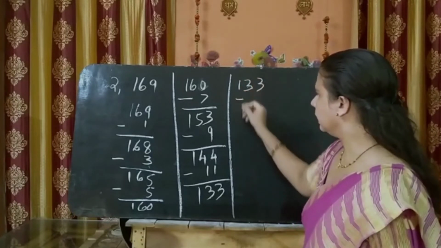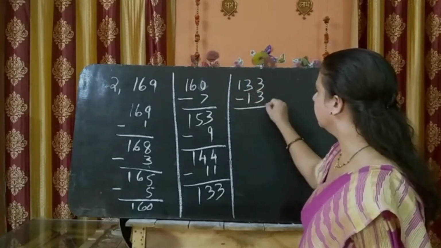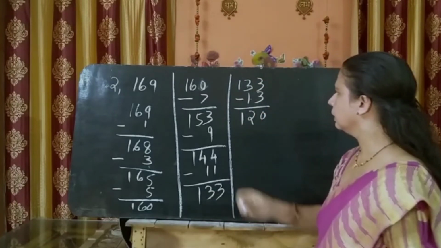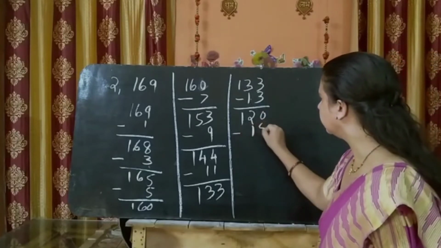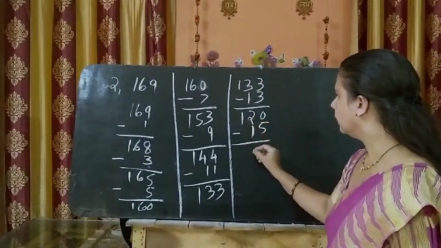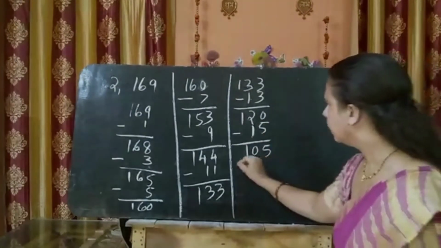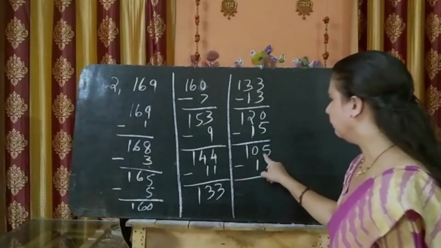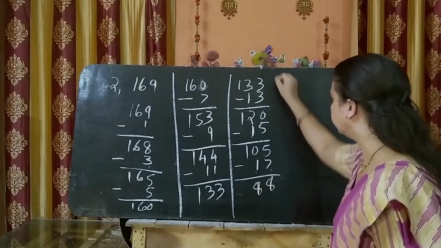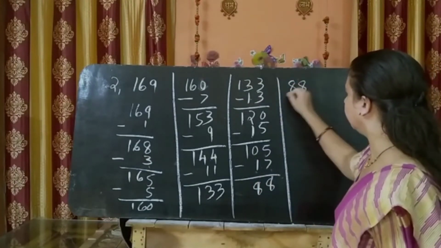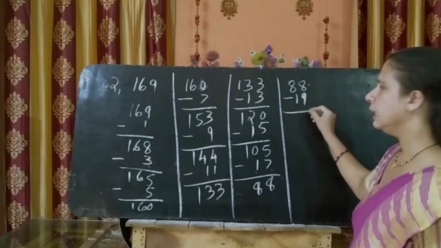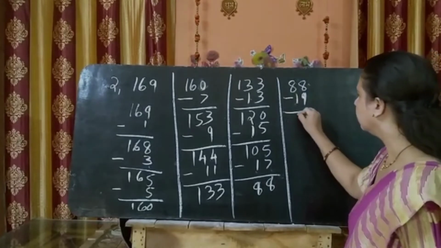144 minus 11, 133. 133 minus next odd number 13, 120. Next odd number is 15. 120 minus 15, 105. Next odd number 17. 105 minus 17, 88. 88 minus next odd number 19, 69.